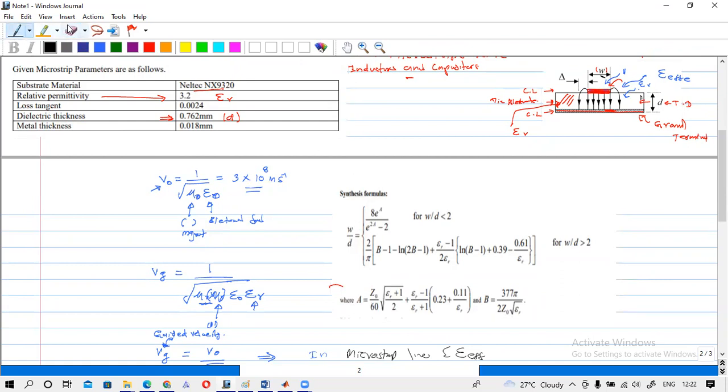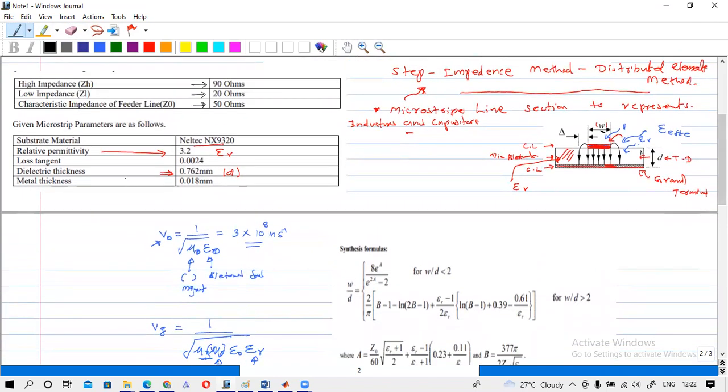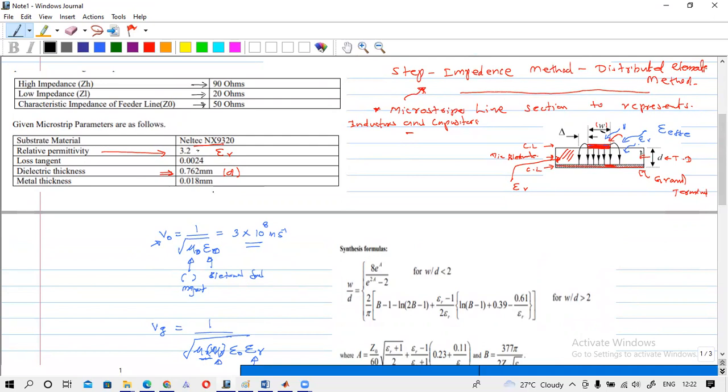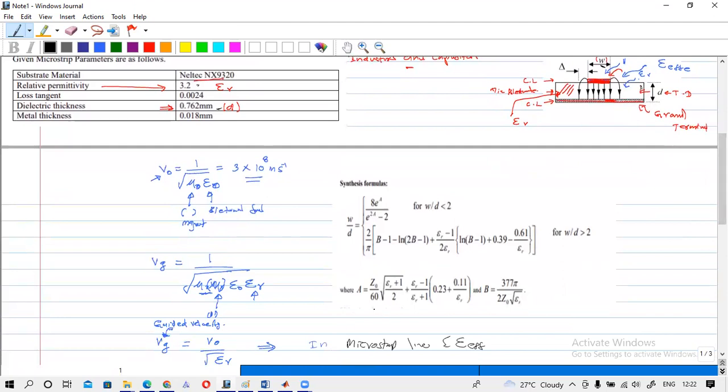We are given the relative permittivity epsilon r, the dielectric thickness d, and also the impedance.